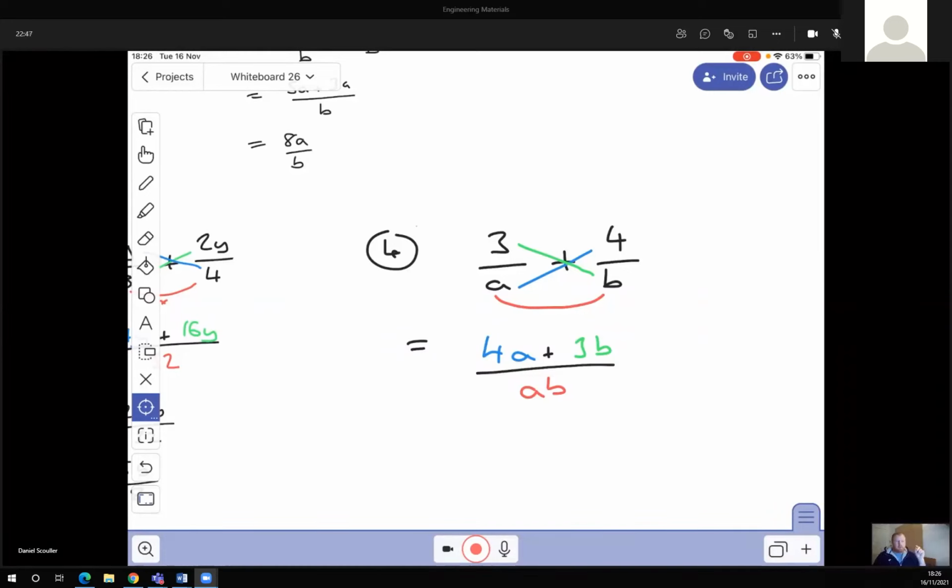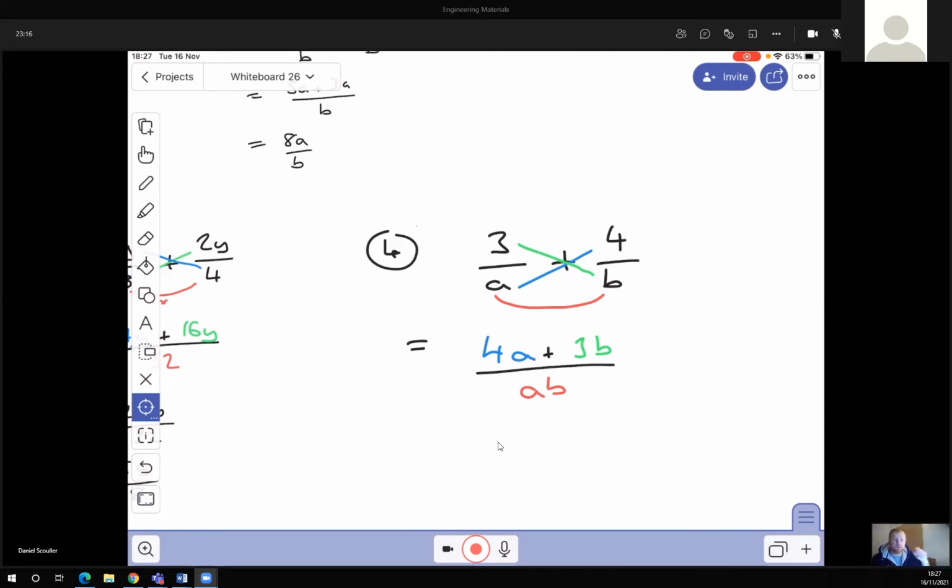Over the next few weeks we start looking at simultaneous equations, and that will become more apparent then. We'll start collecting like terms and creating our own equations. So, a reasonable question, but we can't collect unlike terms.